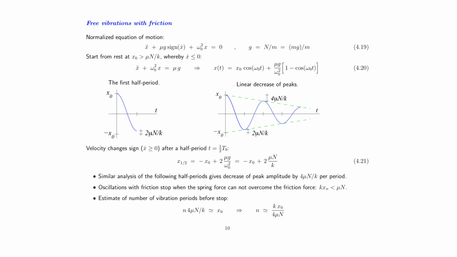If we divide this equation of motion by mass, we end up with an equation like this, where the g function is simply normal force divided by mass, and that is in our case mass times acceleration divided by mass, and therefore we recover the gravity coefficient alongside the friction coefficient mu.